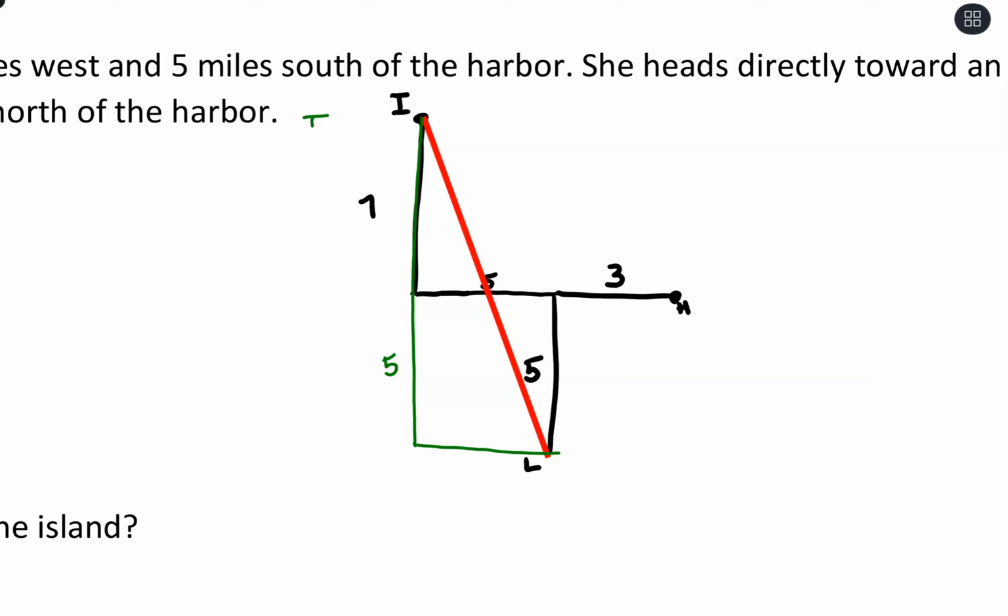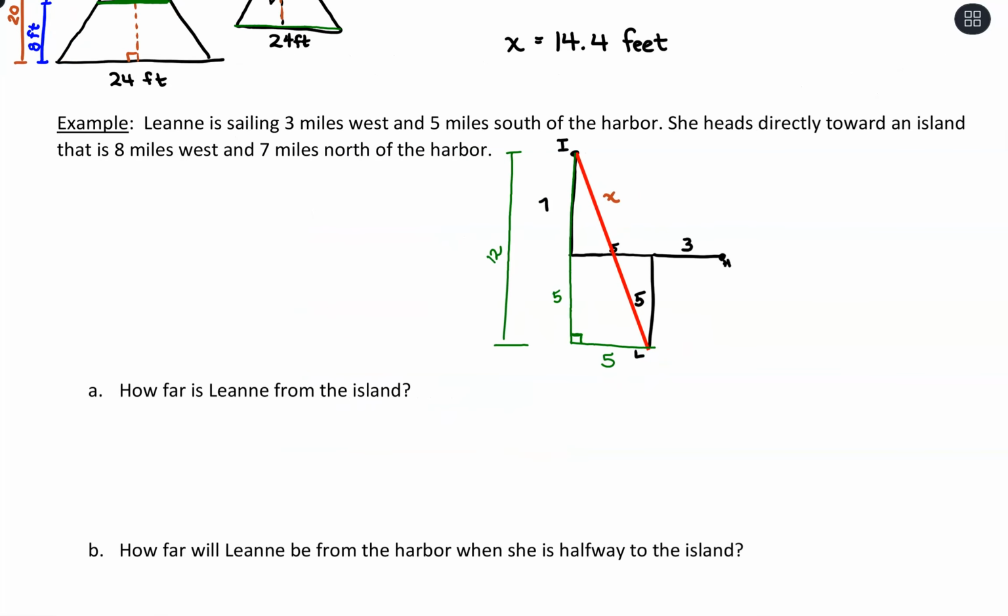So really this total side length here is 7 plus 5, which is 12. And then along here on the bottom would be a distance of 5. So what we have here is a nice right triangle, and we have two side lengths, 12 and 5. So if I want to find that missing side length, I can use the Pythagorean theorem. Our missing side length is the hypotenuse, so I'm going to have x squared is equal to 12 squared plus 5 squared.